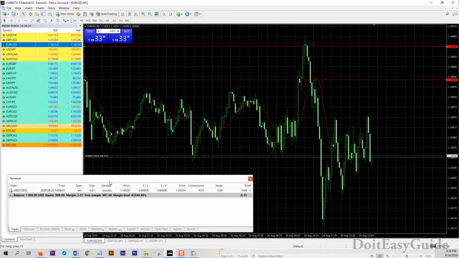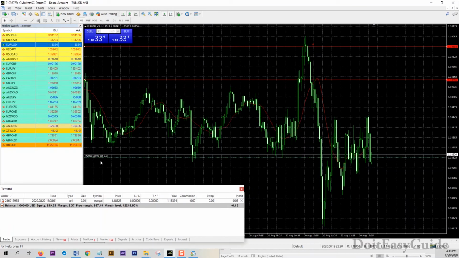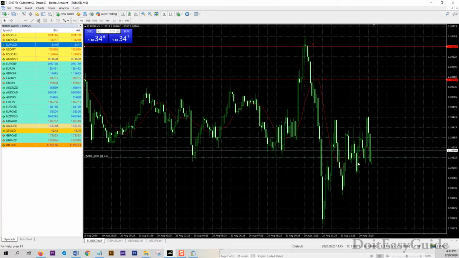And you can see our sell order placed here, and you can set your stop loss. If you click and drag on the left side, you can see it's showing pips as well as USD value.